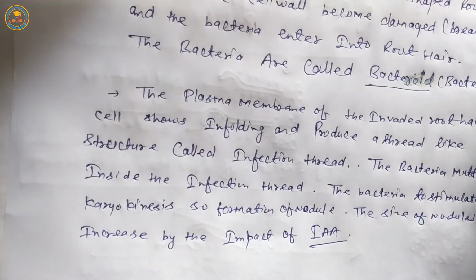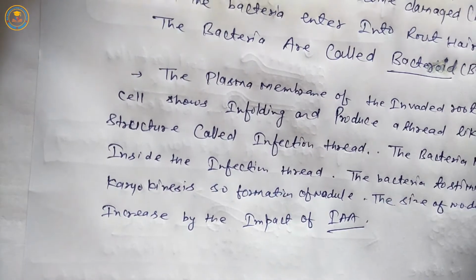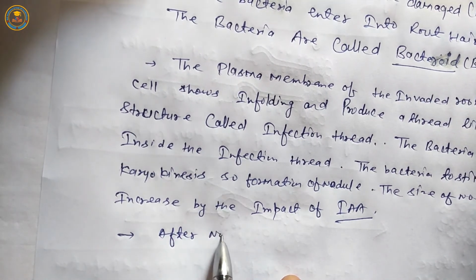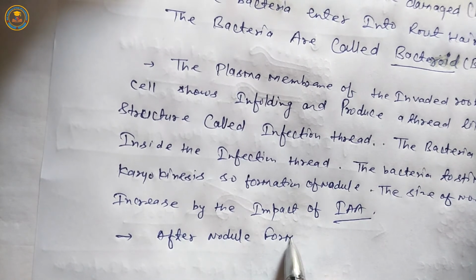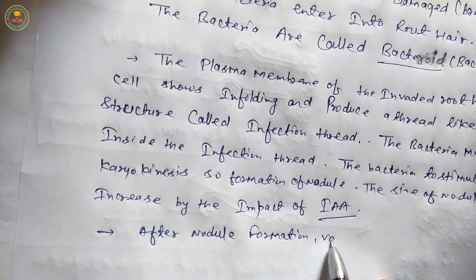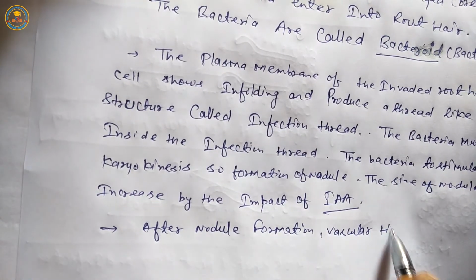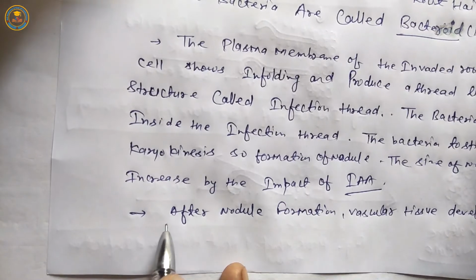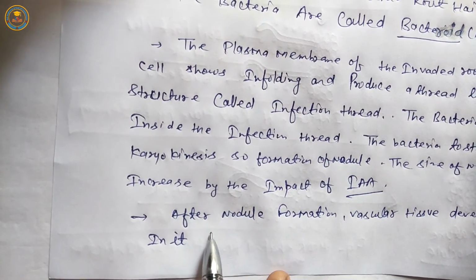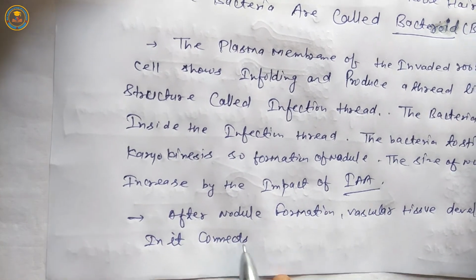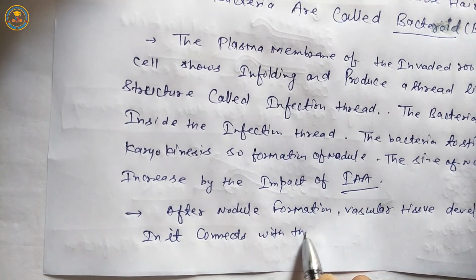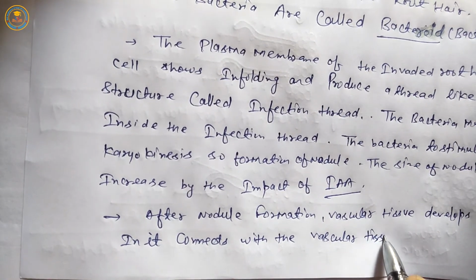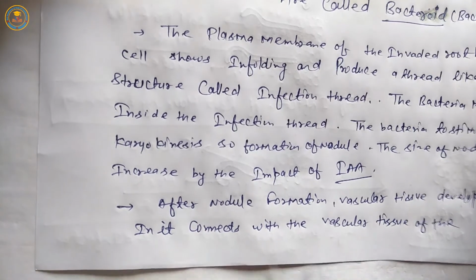Students, we studied indole acetic acid in the plant growth hormone chapter, and the last step is after nodule formation, vascular tissue develops in it and connects with the vascular tissue of the root.